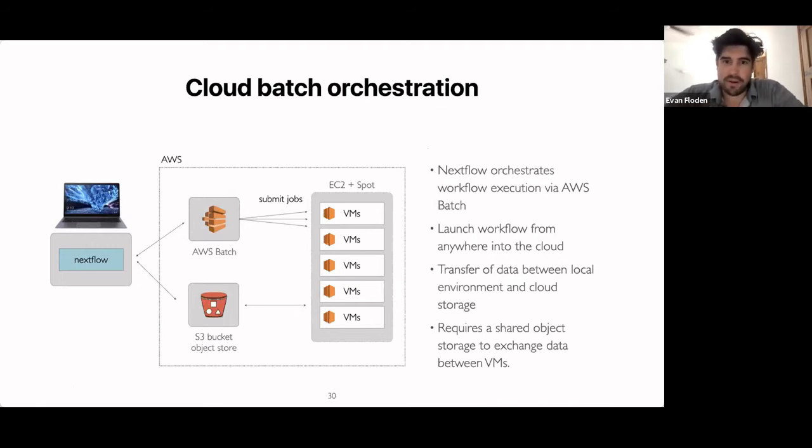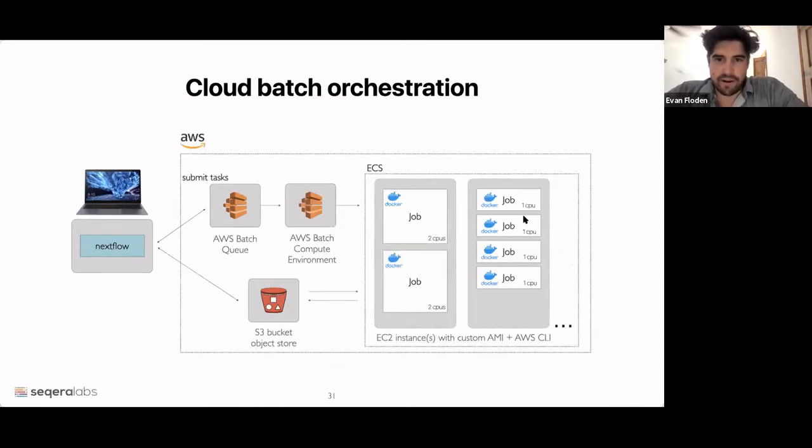It spins up the resources you require, runs your jobs, and then spins back down again. This has become really popular. If you're into the details, it can also be quite efficient, as each job becomes a Docker job on those virtual machines.